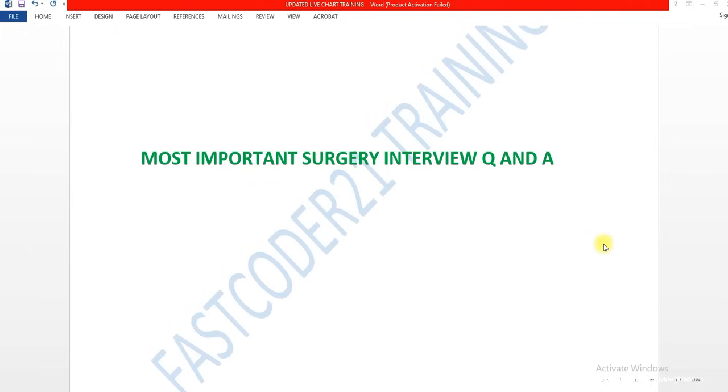So what are the debridement guidelines? It's based on depth. Otherwise they may ask you how do you code debridement? Whenever you want to code debridement, there are a few criteria you need to follow.